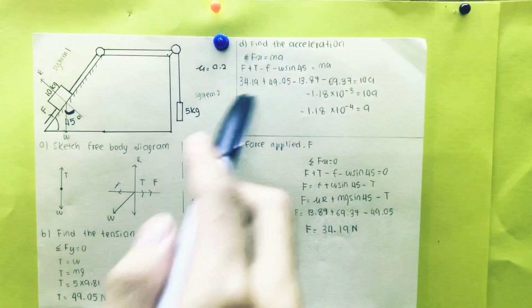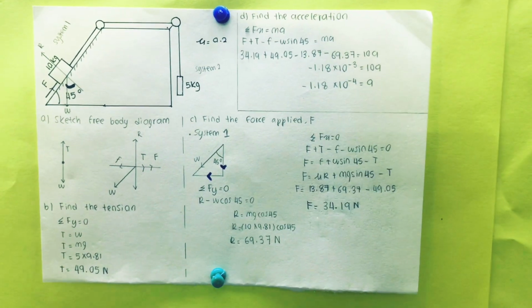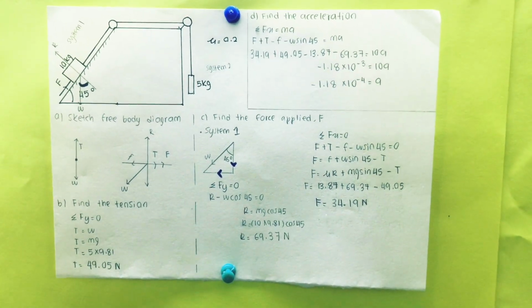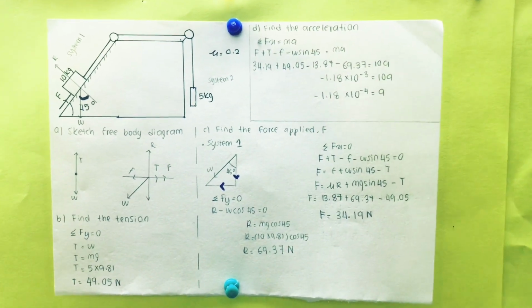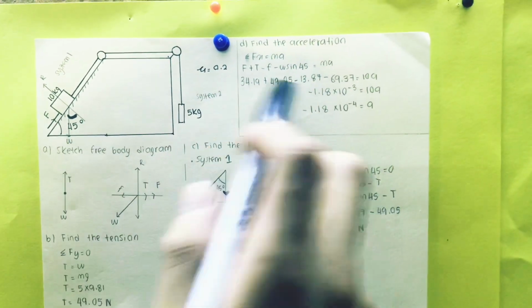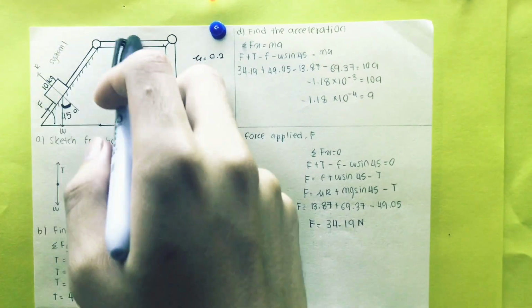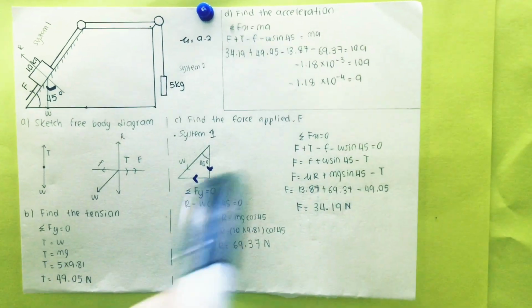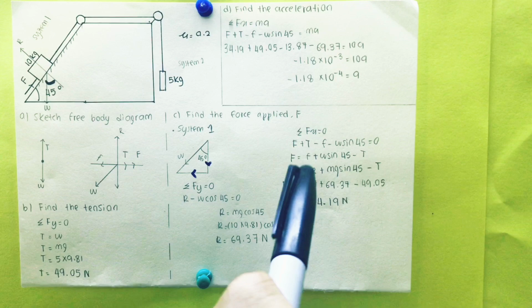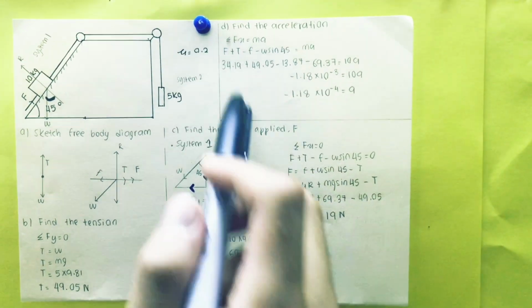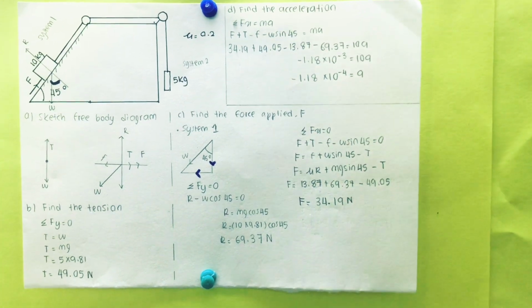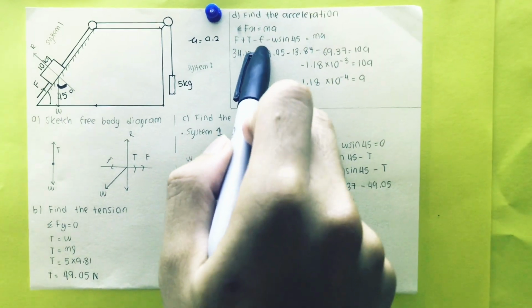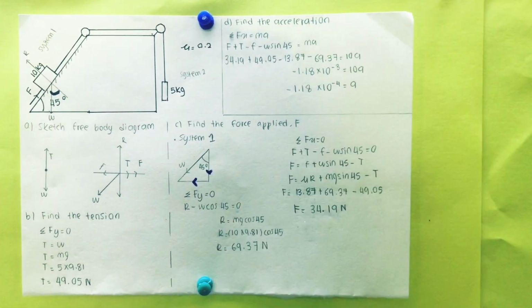And the last one is to find the acceleration. As we know, we must use the formula summation of Fx equal to ma. It is positive because it is to the left. Same with this, we must use F plus T minus f minus W sine 45 equal to ma.